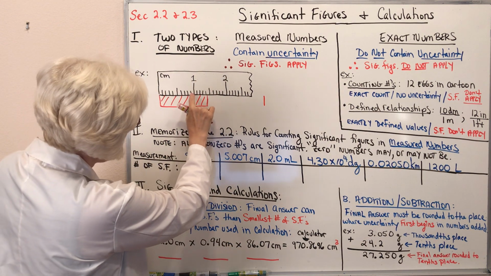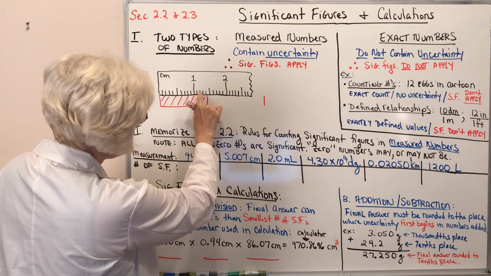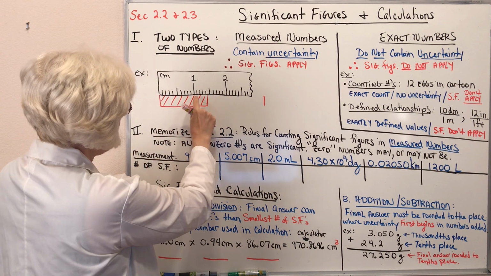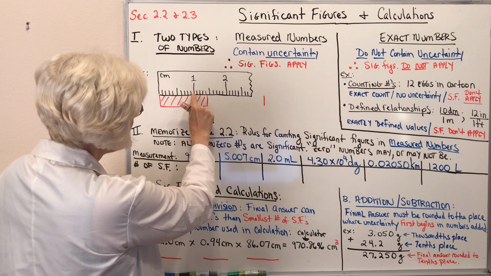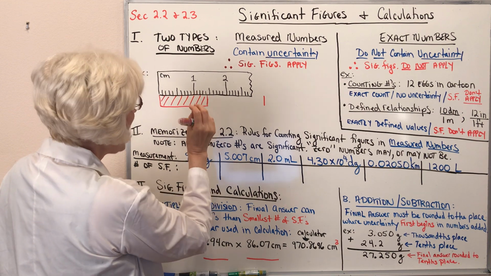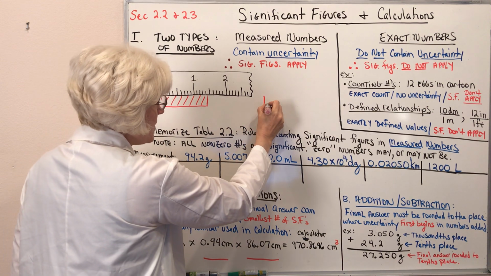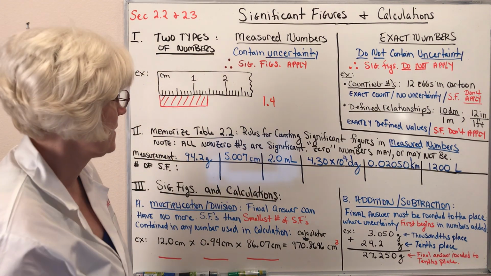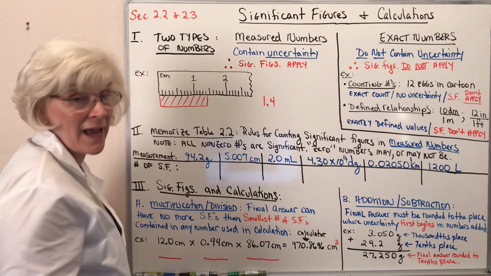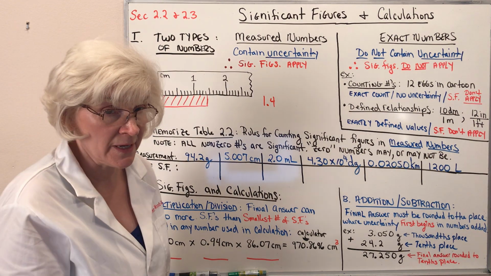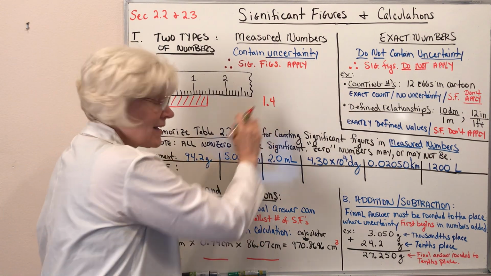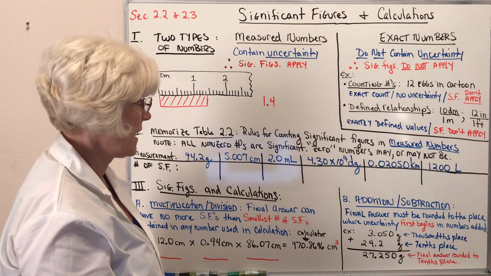I can also see as I count the hash marks, each hash mark being 1/10 of a centimeter, that this object is at least 1.4 centimeters in length, but it is not quite 1.5 centimeters. But I cannot stop my answer right there.